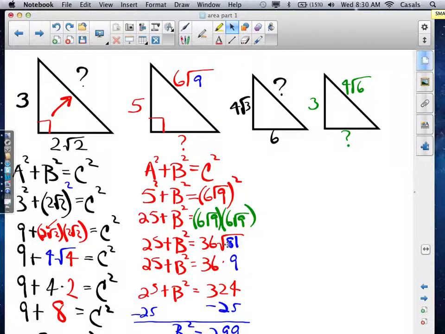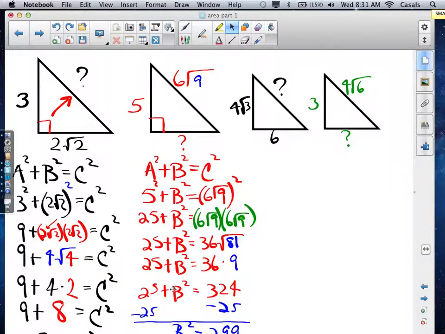But then I know that the square root of 81 is a perfect square, which comes out to be 9. So really what I have is not 36 times the square root of 81, but 36 times 9. So the 25 comes down, the b squared comes down, and 36 times 9 is 324.